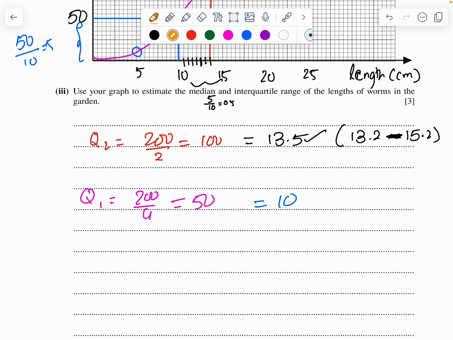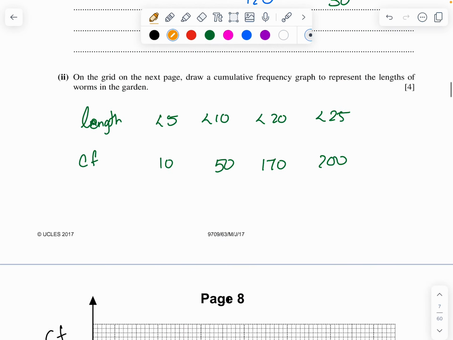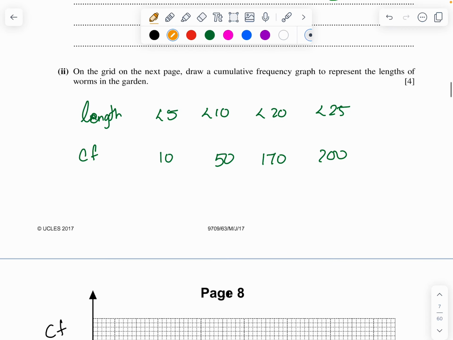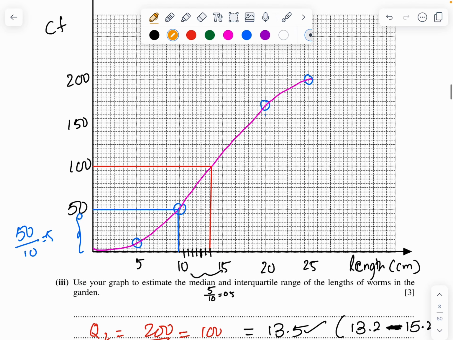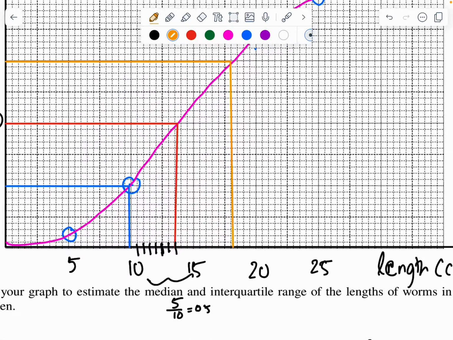Then for Q3, Q3 is 200 times 3 upon 4, which is 150. Do we know for 150? We don't know for 150. So from 150, draw the line, hit the graph and drop it down. I'm dropping it down, so it becomes 15.